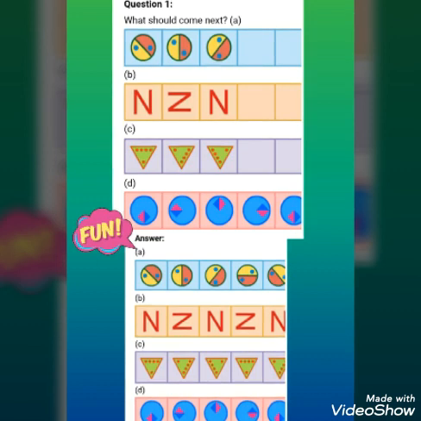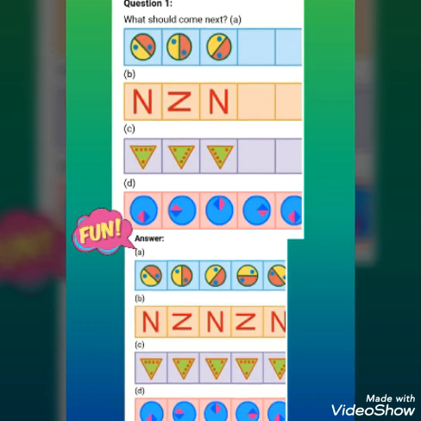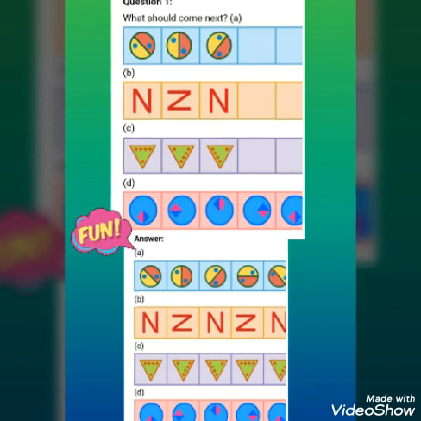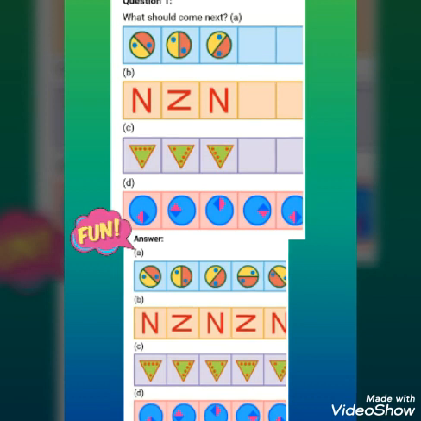Similarly, number B, the first one is N, then the N becomes Z, then again N, then again it will be what? Z. Yes students, then again N. Similarly, number C, you can see the pattern. The triangle is there. How it is rotating, clockwise or anti-clockwise? You tell me. And then you have to fill up the boxes.